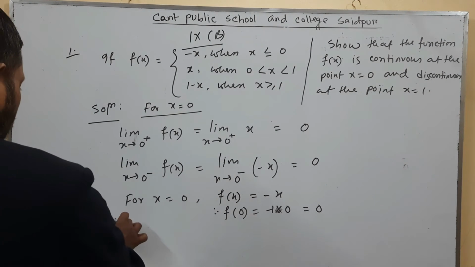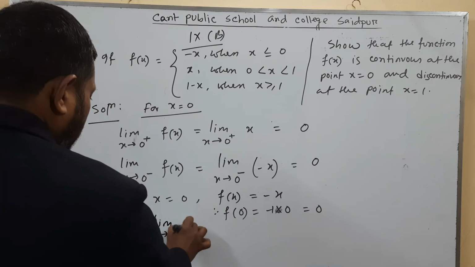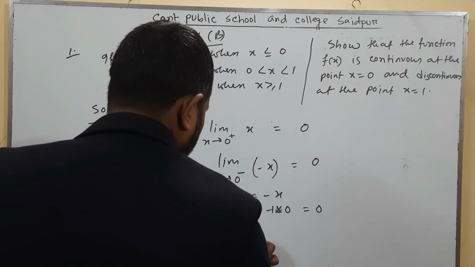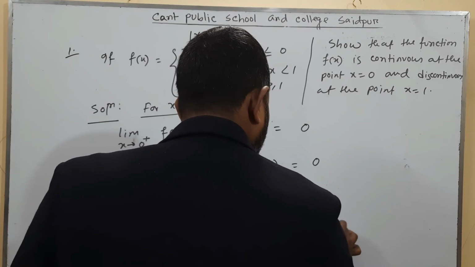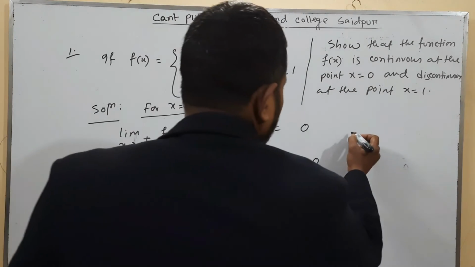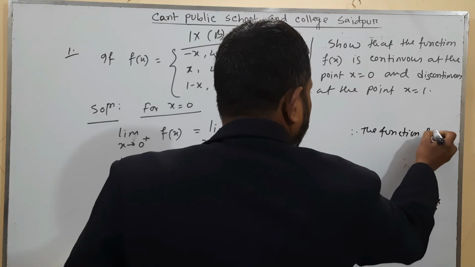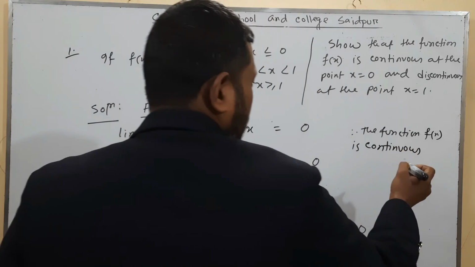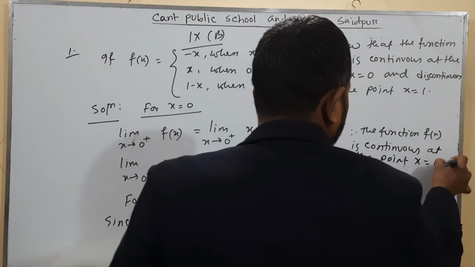Since limit x tends to 0 plus f of x is equal to limit x tends to 0 minus f of x is equal to f of 0 is equal to 0, the function f of x is continuous at the point x equal to 0.